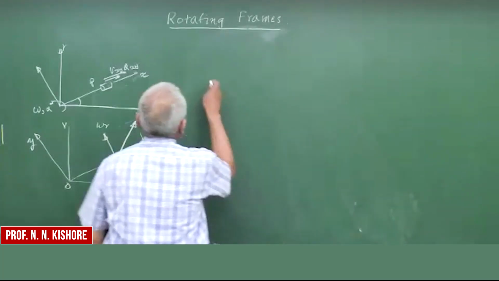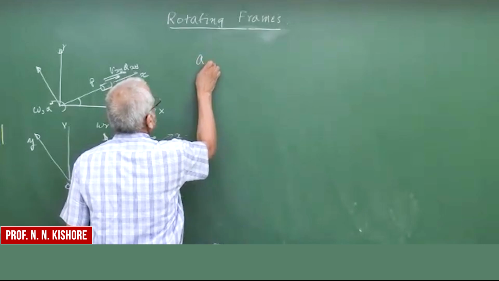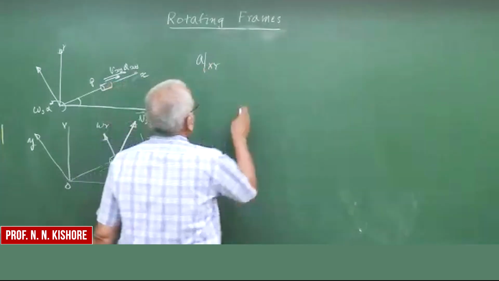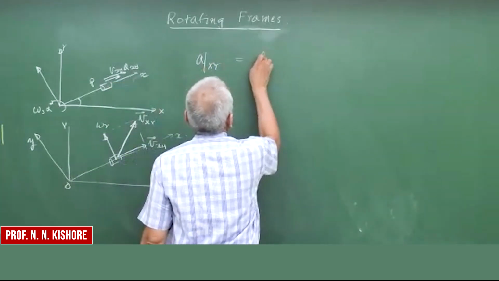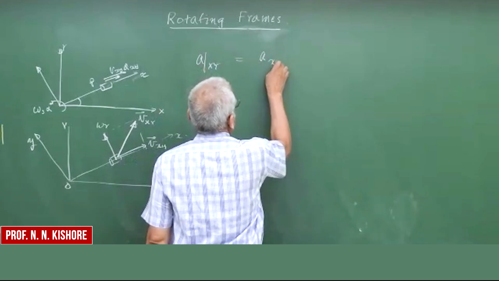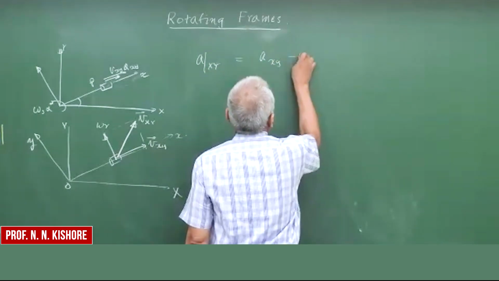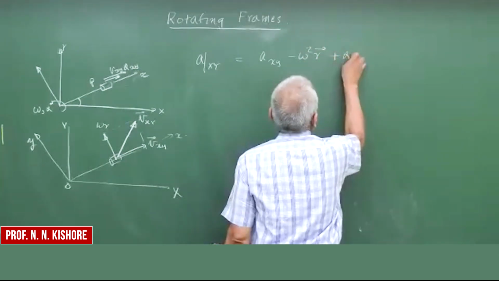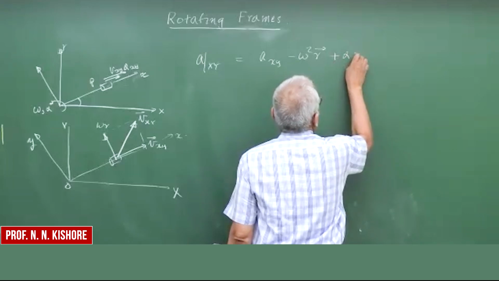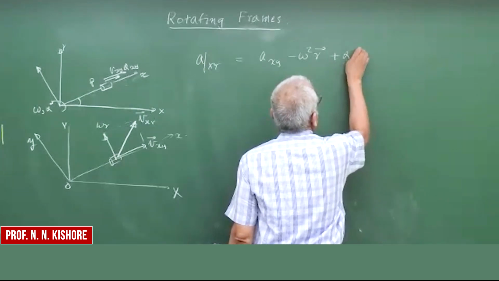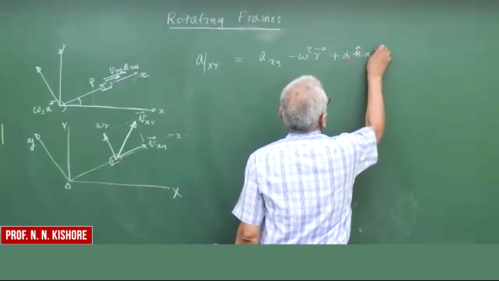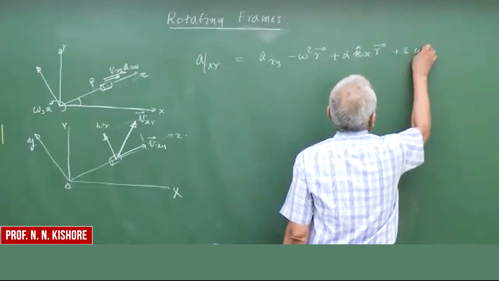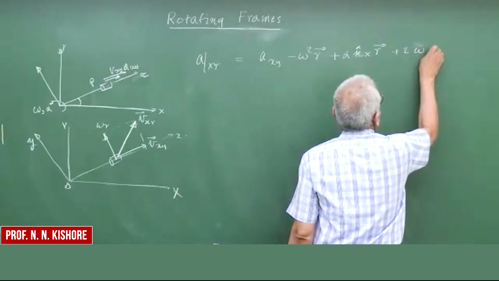So now let's look at acceleration. The relationship is: acceleration as observed in the big XY frame is the acceleration as observed in the small xy frame, plus omega cross omega cross r plus alpha cross r, or maybe for 2D I can even put omega k cross.